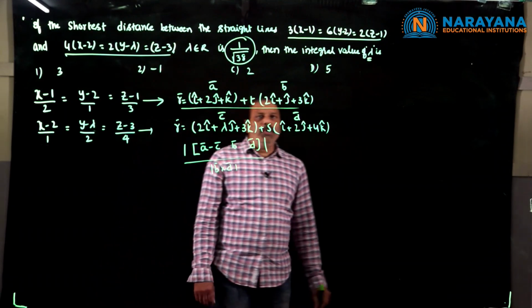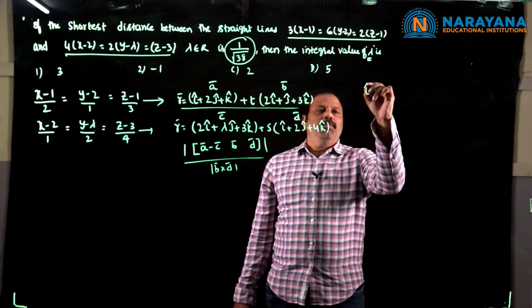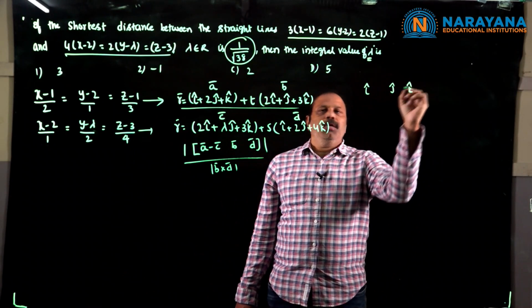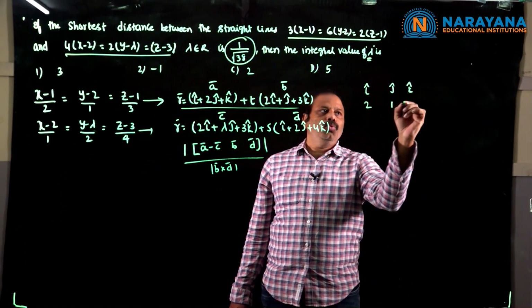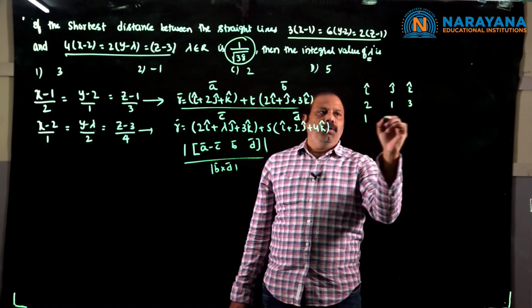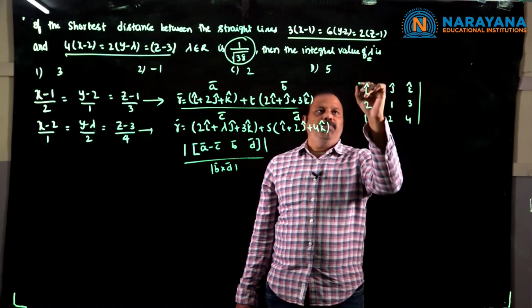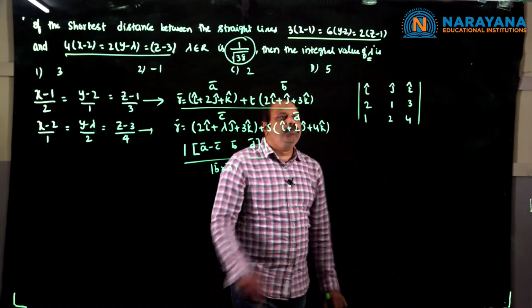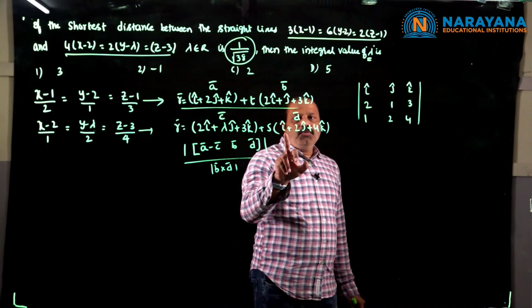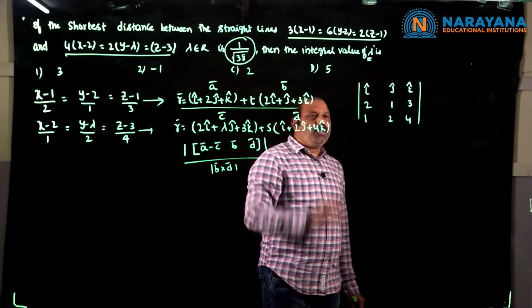Let us find B bar cross D bar. It is nothing but the determinant of i cap, j cap, k cap; 2, 1, 3; 1, 2, 4, since B bar is equal to 2i cap plus j cap plus 3k cap and D bar is equal to i cap plus 2j cap plus 4k cap.